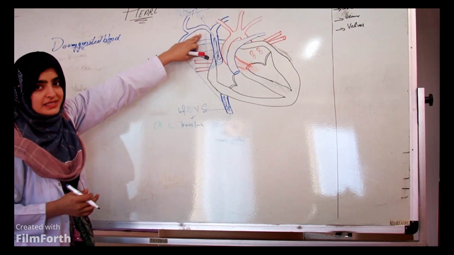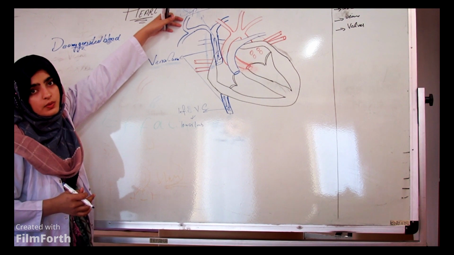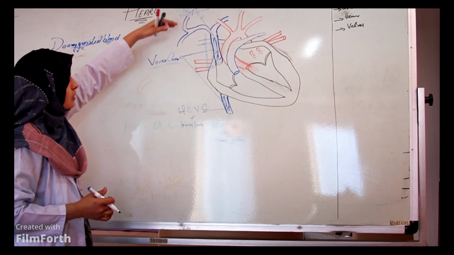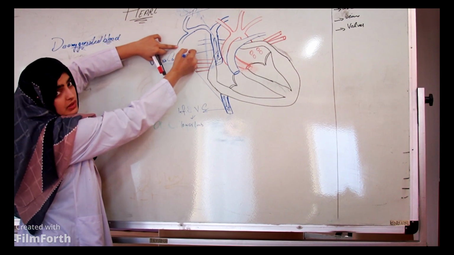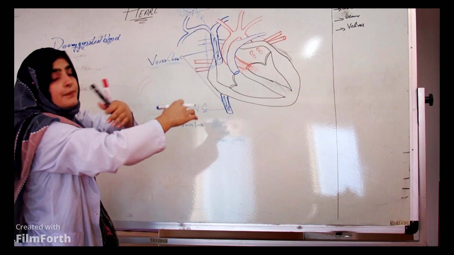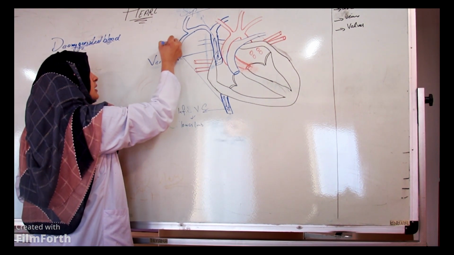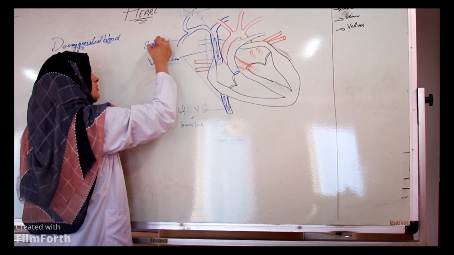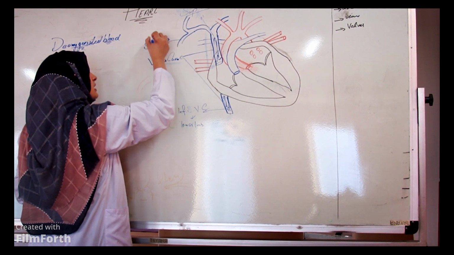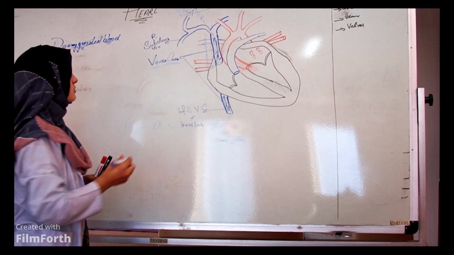On the right side, the right internal jugular vein that is coming from the head and neck combines with the right subclavian vein that is coming from the upper limb. So here is the subclavian vein, and it is the right subclavian vein, understood?